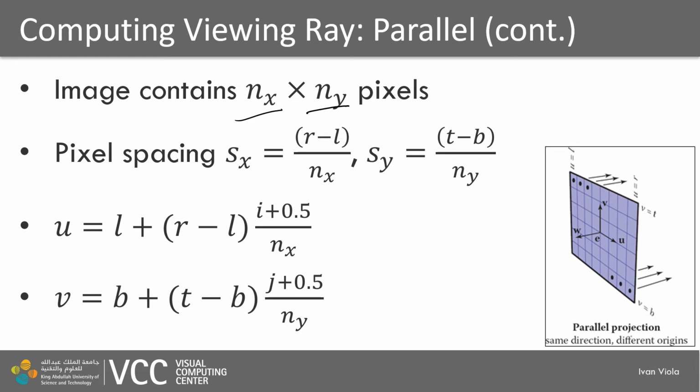Then we can define the pixel spacing, how far away the pixels are from each other, by the following formula: r minus l divided by nx. This will give us the pixel spacing between the individual pixels in the x dimension. Very analogously, we can find out the pixel spacing in the y dimension.